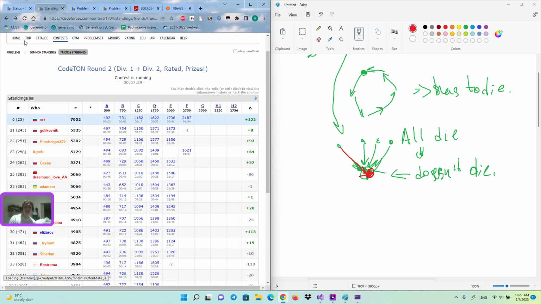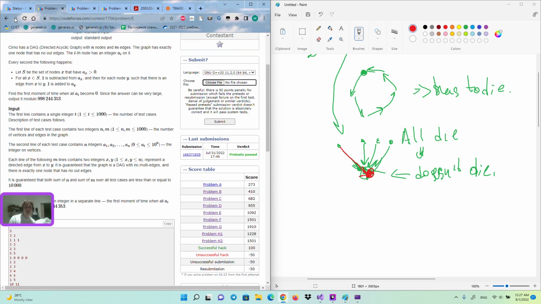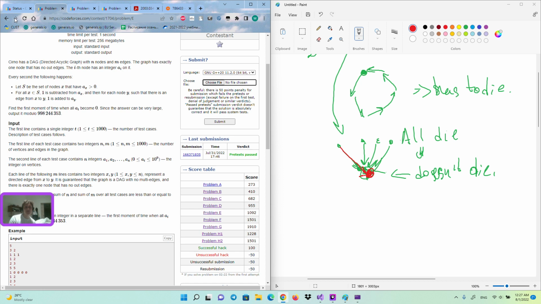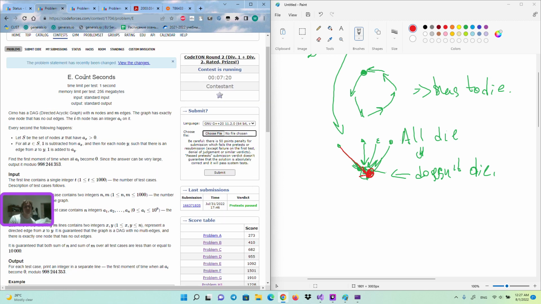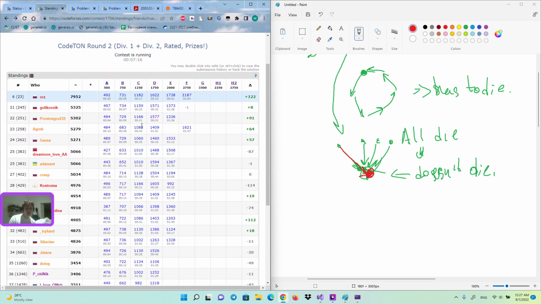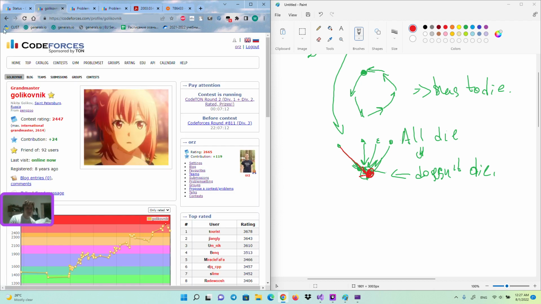Still, it's strange that he didn't solve it. Ah, no, it's not strange. It's a bit tough problem. This cannot be done in Python, so it's okay.